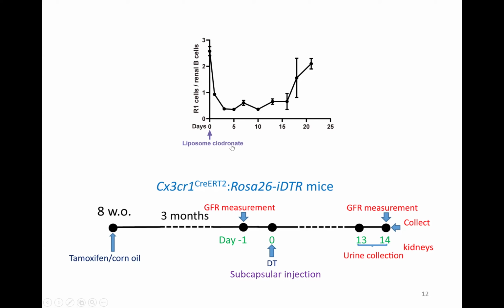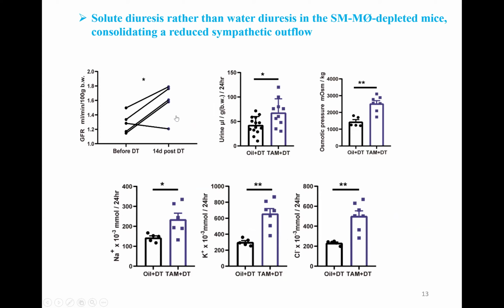Initially, using the liposome-clodronate system, we noticed that the kidney macrophages will recover in 14 days after depletion. So we analyzed the kidney functions on day 14 post the DT infusion. It showed that after depletion of self-maintaining macrophages, the glomerular filtration rate increased, as well as the urine output.